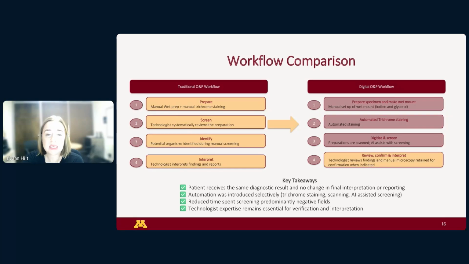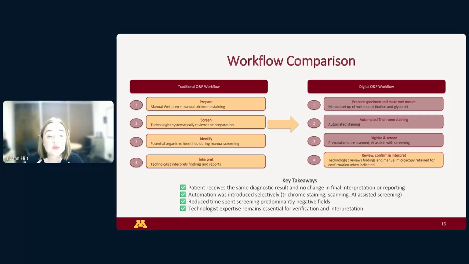Some key takeaways: at the end of the day, the patient receives the same diagnostic result, and there's no change in the final interpretation or reporting. Automation was introduced selectively, in the parts of the workflow where we felt we could confidently put it. That's the trichrome staining, the scanning, and the AI-assisted screening.